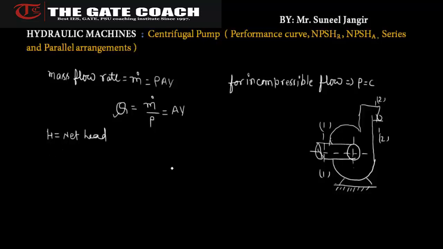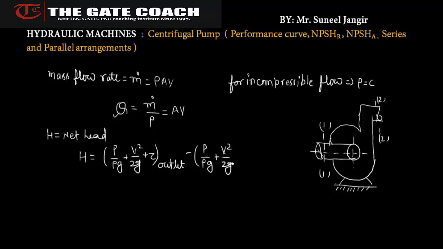So the net head is the Bernoulli head at the outlet, P by rho g plus V square by 2g plus Z at the outlet, minus the head at the inlet, P by rho g plus V square by 2g plus Z at the inlet.